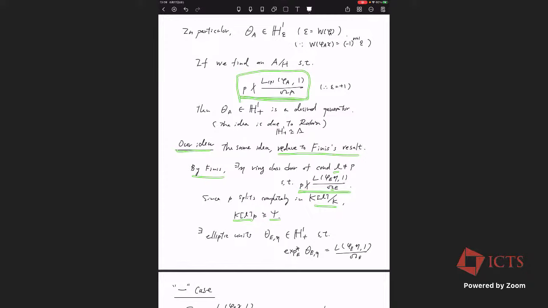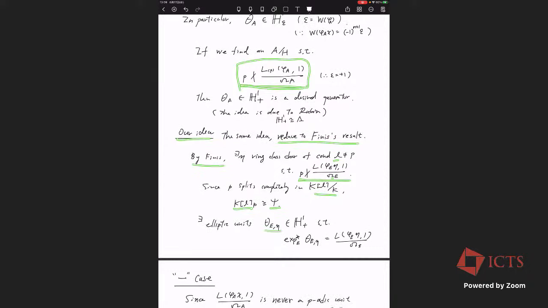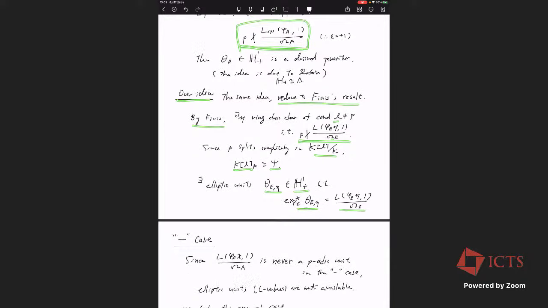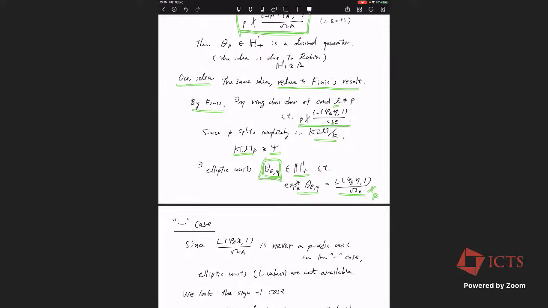So without taking trace, we can define an elliptic unit in H1 plus whose dual exponential map is the L value, which is not P divisible. So this is the desired element to prove Rubin's conjecture.